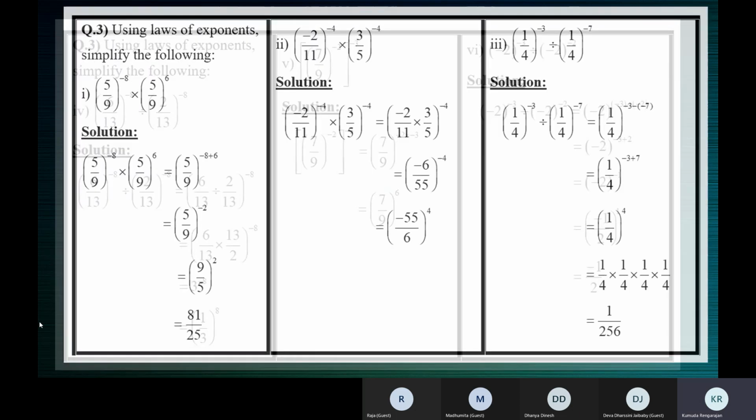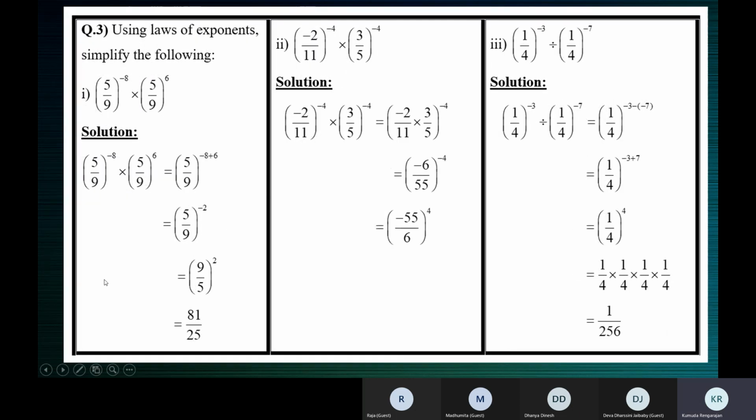When the power is too large and it's difficult to compute, you can just leave it. Supposing it was 9 by 5 to the power 10, you don't have to calculate this, because multiplying 9 by 5 with itself 10 times takes quite some time.